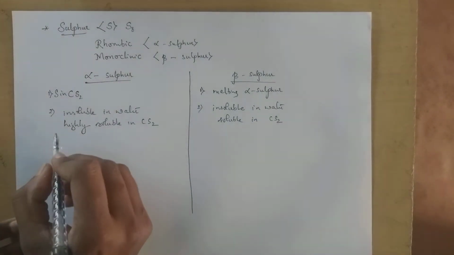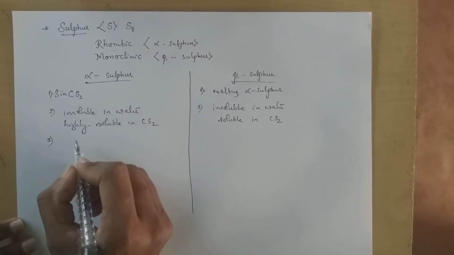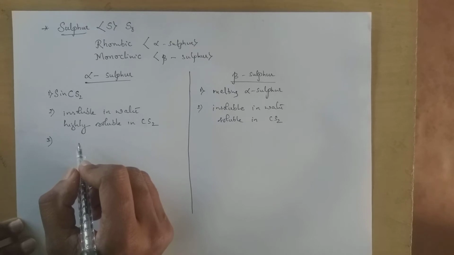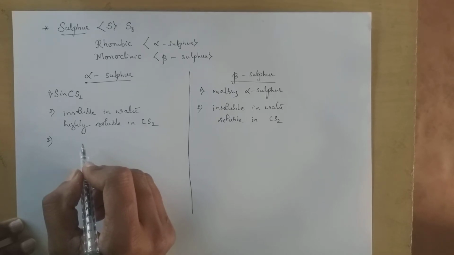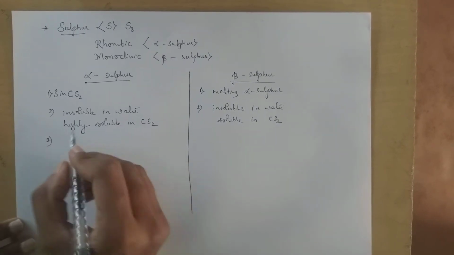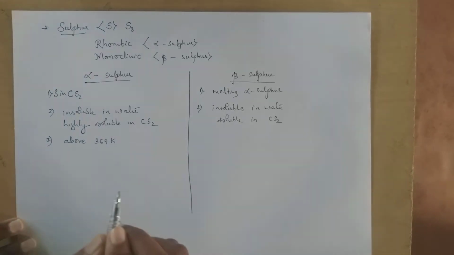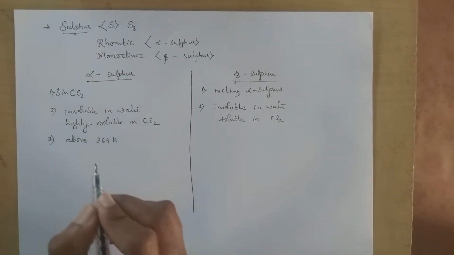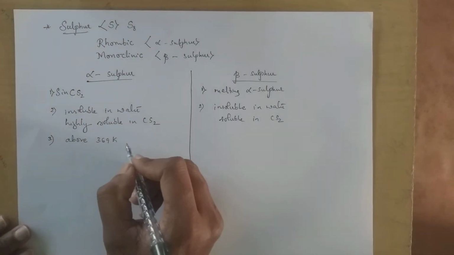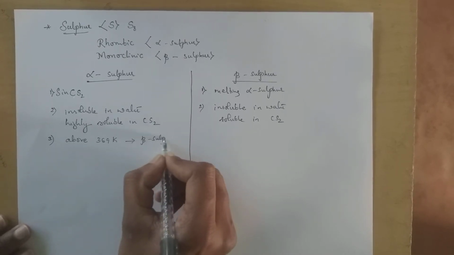Next we have the property of stability: alpha sulfur is the most stable form of sulfur at room temperature. So we say most stable, but above 369 Kelvin it transforms to beta sulfur.